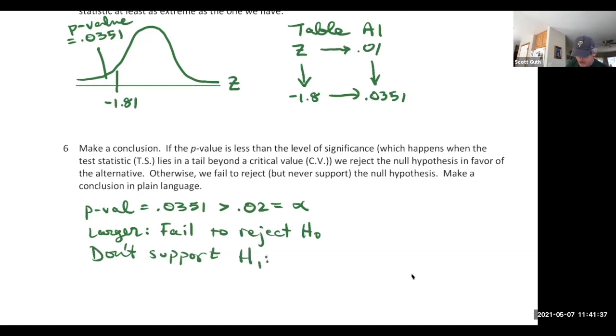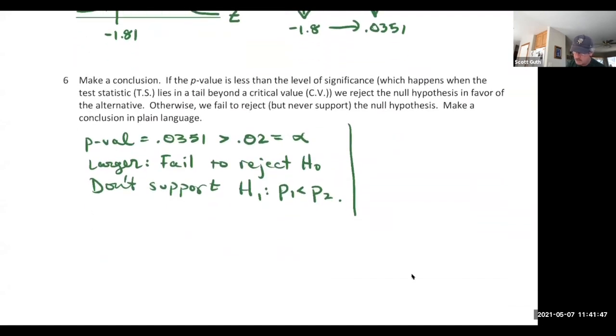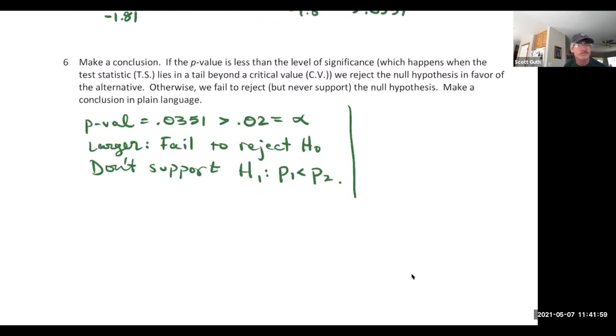H1 had said that the proportion is lower for girls. Okay, and that's actually nice to know. It's a worldwide statistic. I think if you looked country by country, you'd get some things that really stand out. But if you're looking across the world, then you're mixing all the countries together, and it's harder to see that.